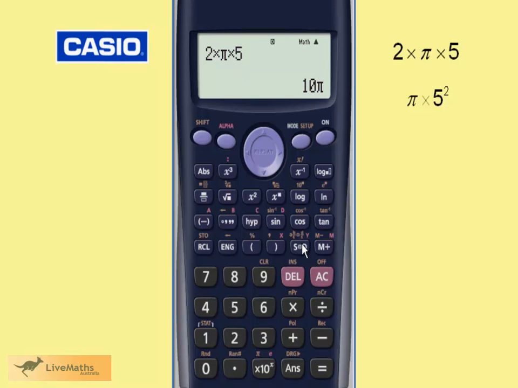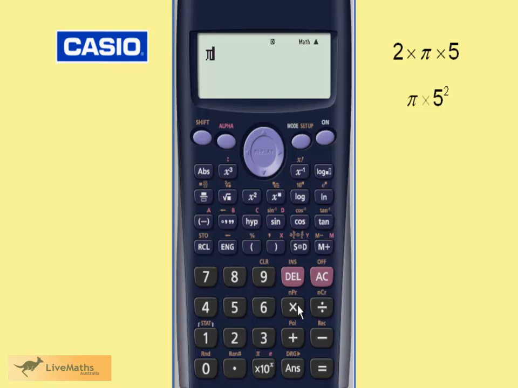If we want this as a decimal, press this button and we get this number, which we can round to the number of significant figures or decimal places that we require. Moving on to our next calculation, we have pi times 5 squared.